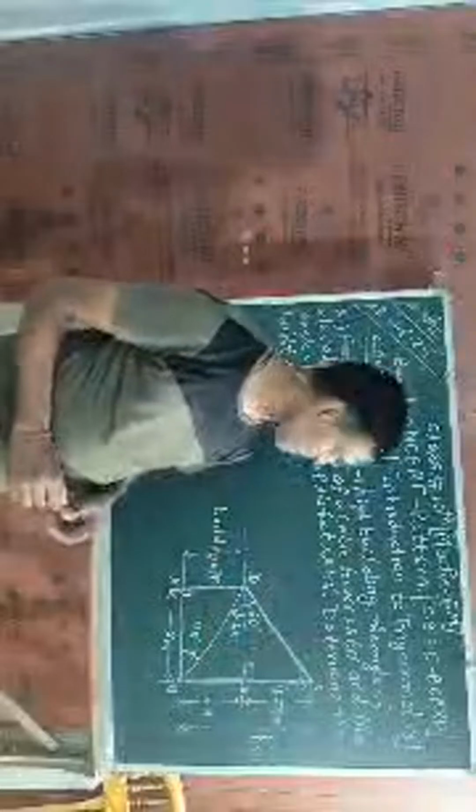Those concepts I will use here to find the value of x and also the value of h. When I substitute the value of x in the equation containing both x and h, after simplifying I will get the value of h, and that will be the height of the cable tower, which is demanded in the question.